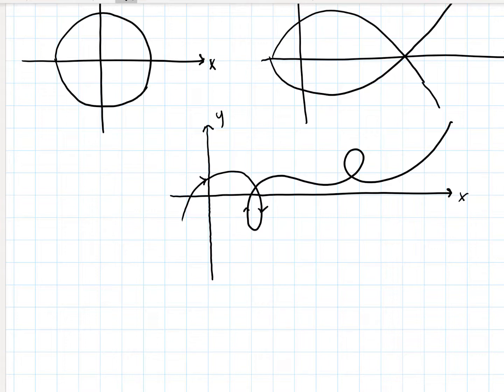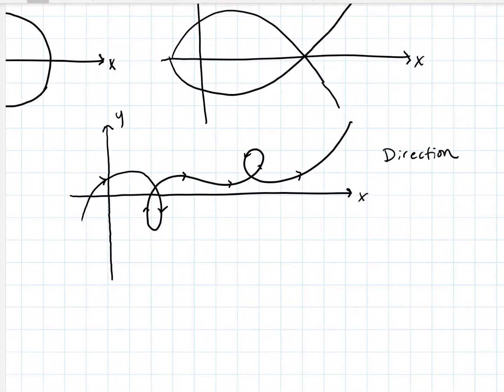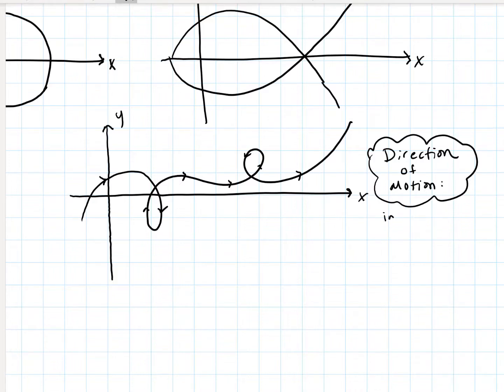Like we want to talk about traversing on this pathway through the xy plane in a specific direction. We call that the direction of motion. And on this particular one, we've indicated it with arrows on the graph.